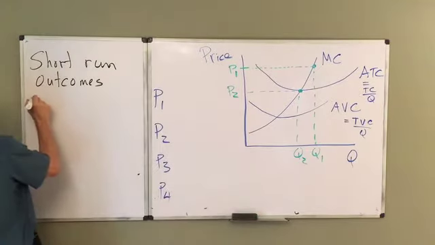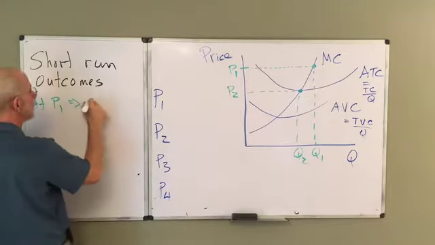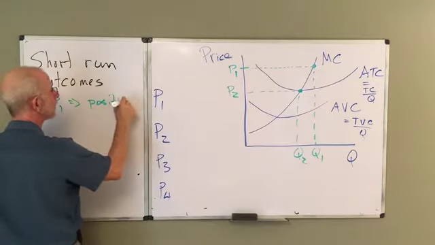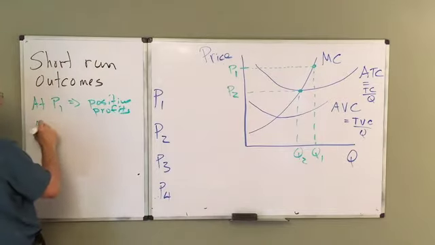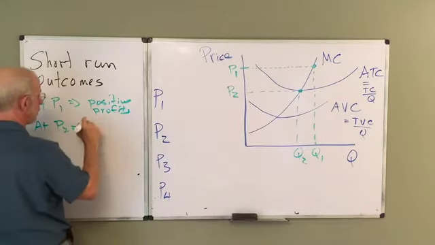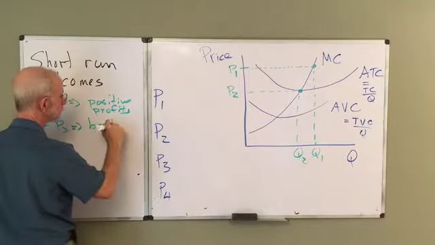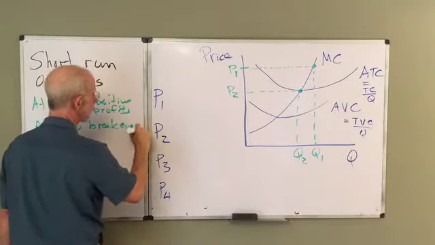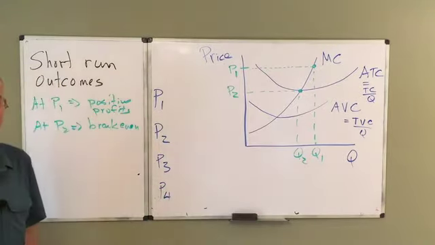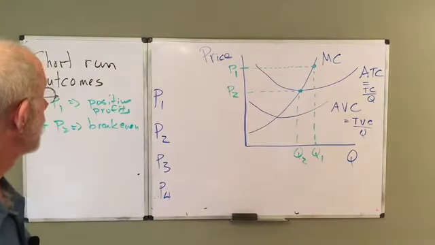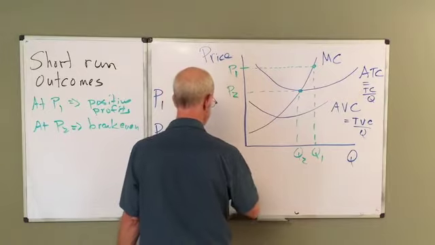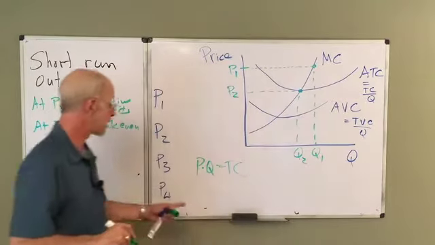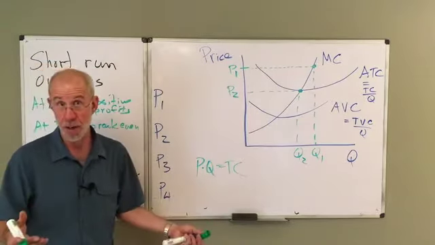At P1, we had positive profits. At P2, break even. Whenever the price equals average total cost, you're breaking even. Again, that's because at that price P2, price times quantity is equal to total cost.